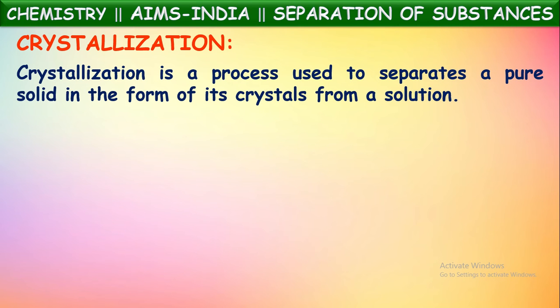Crystallization is a process used to separate a pure solid in the form of its crystals from a solution. In a solution there is a solid substance dissolved. That solid substance can be separated by making it into crystals. That method is called crystallization.